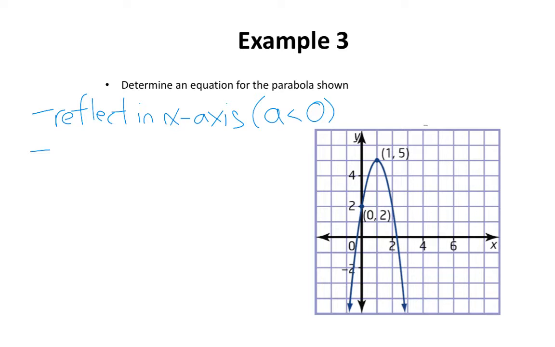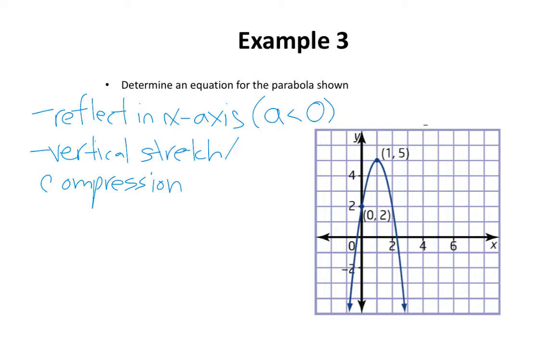Next, I can't really see a vertical stretch or a compression, so I'm just going to put a little question mark beside that. And I want you to take a close look at the vertex.